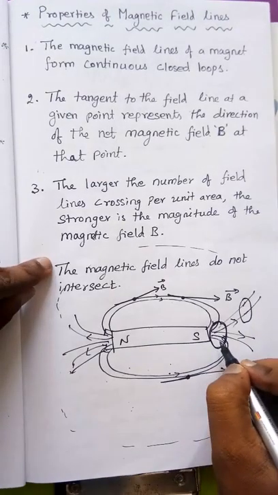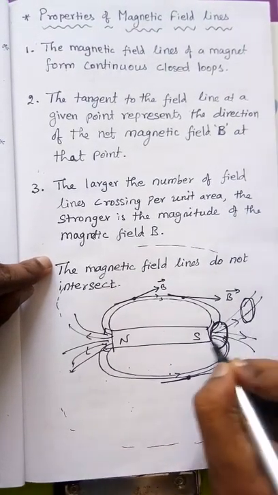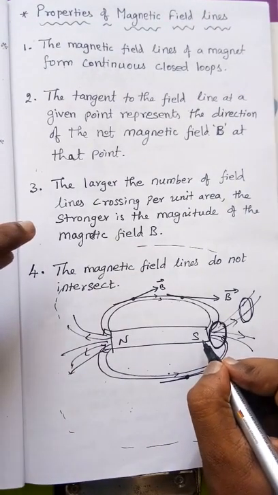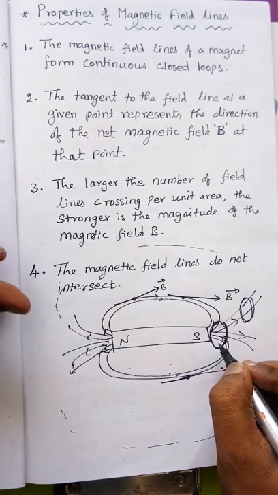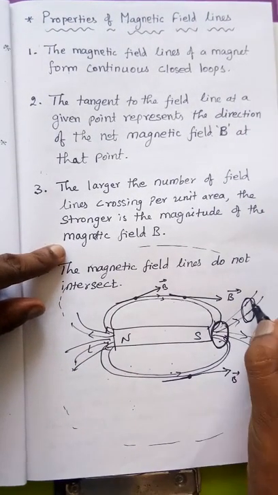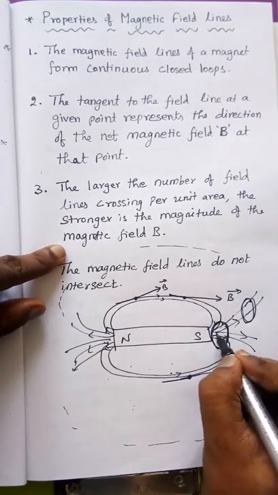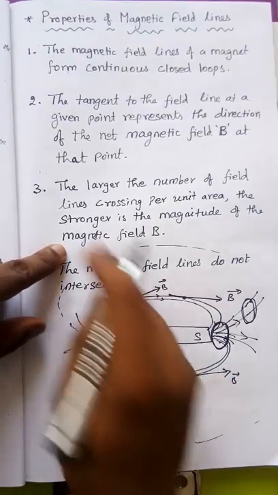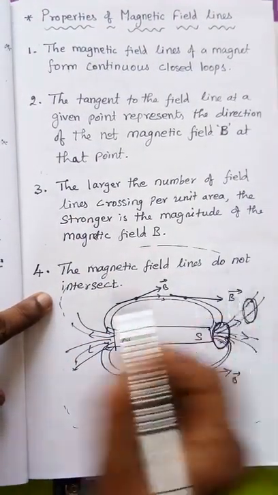Here strong magnetic field. That means for the same area, the number of lines crossing per unit area produces a stronger magnitude of the magnetic field. So higher magnetic field here, lower here, stronger here, weaker here. That is the third point. Fourth one: the magnetic field lines do not intersect.